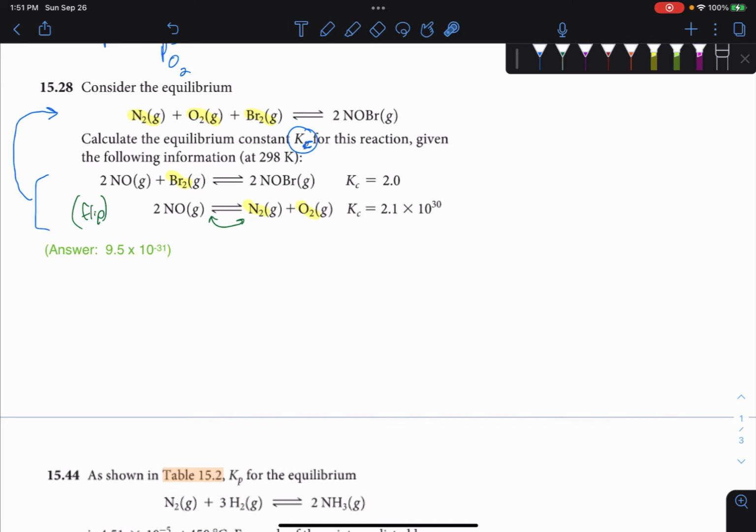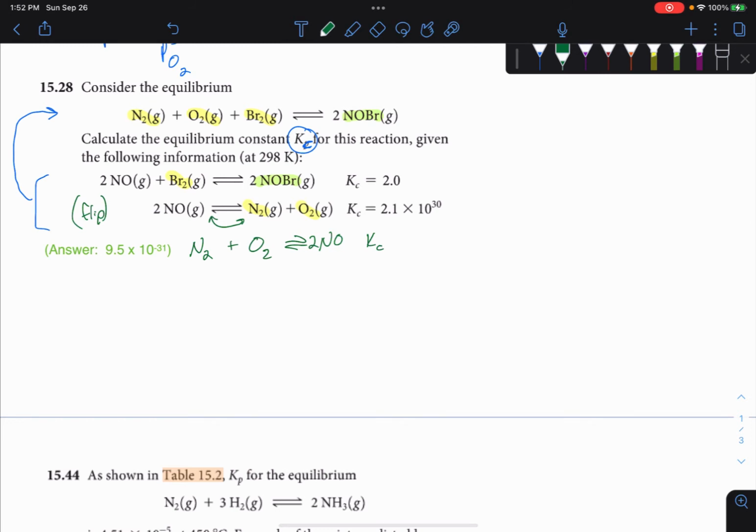And then the other thing that I'm noticing here is that the only product in my target expression does show up as a product in that first one. So I'm not going to be flipping that first one. It's fine. So let's just go ahead and flip that second one there and see how we manipulate. I'm going to drop the phases just for convenience for a moment. And it's NO2.